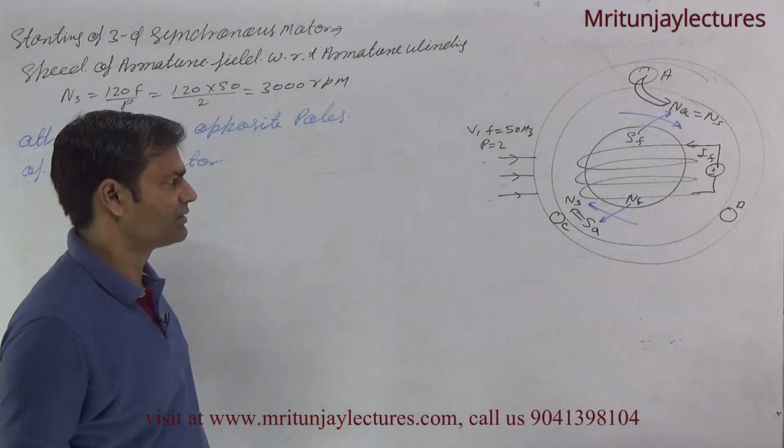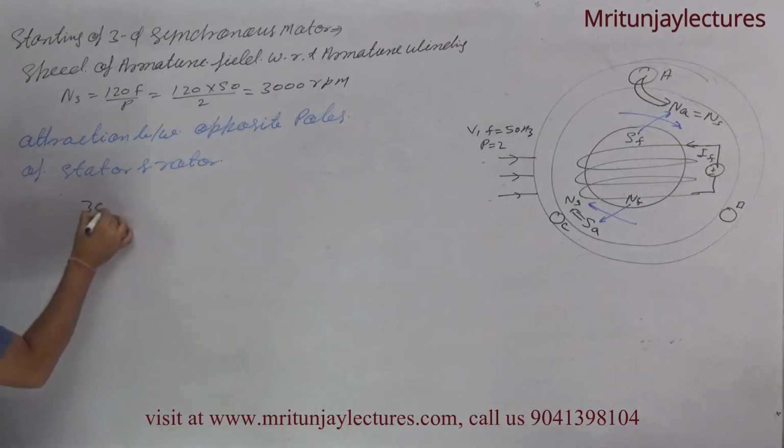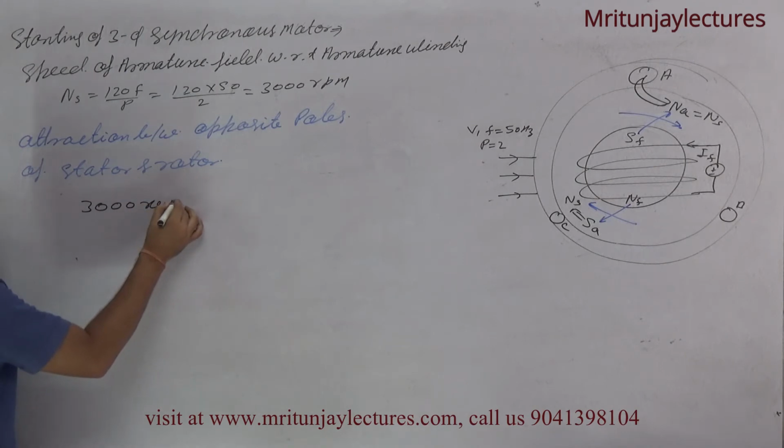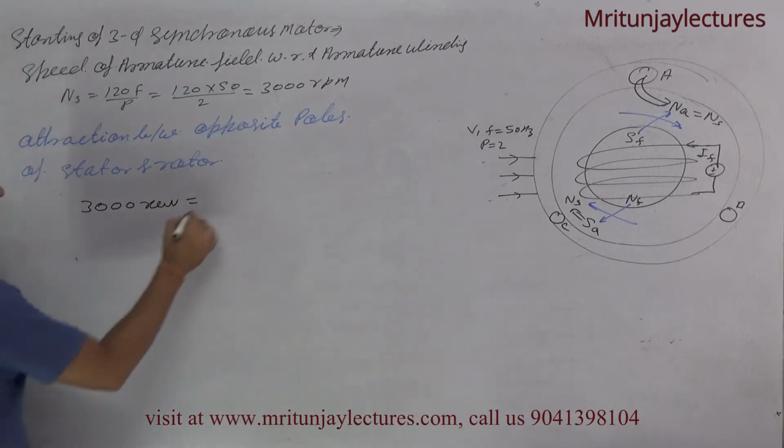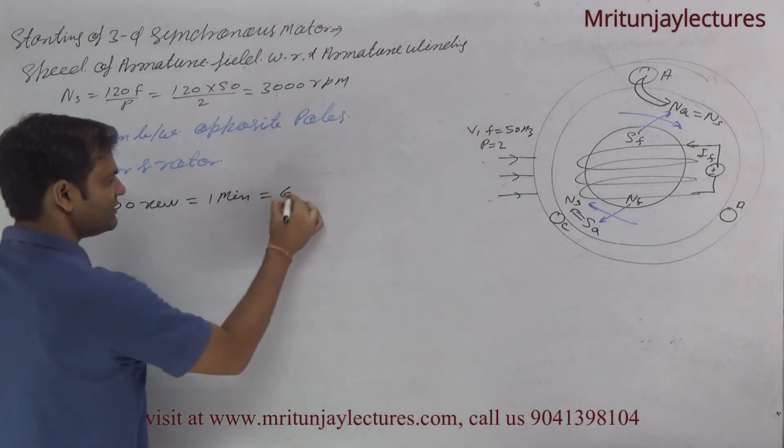Now after half revolution, you know that 3000 revolutions is equal to 1 minute, means you can say that is 60 seconds.